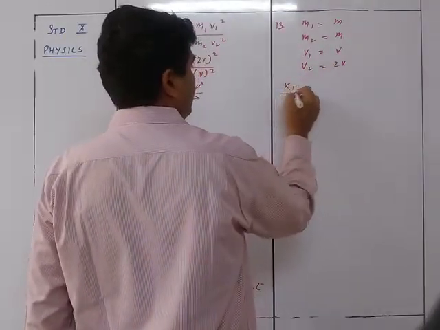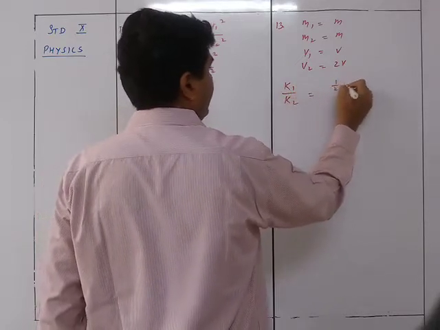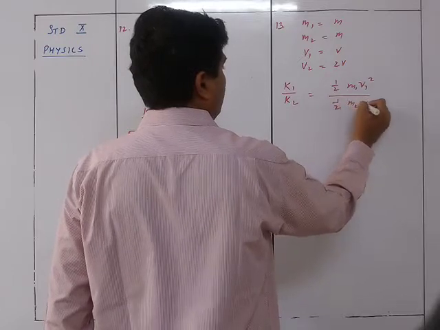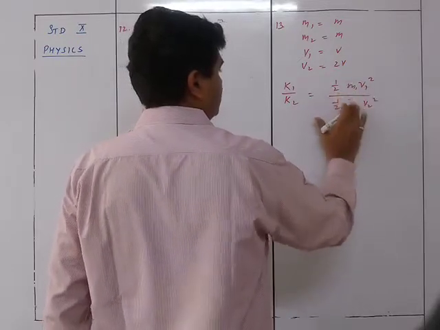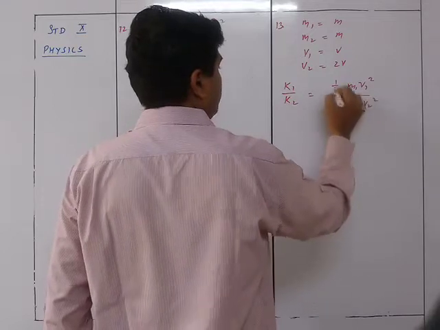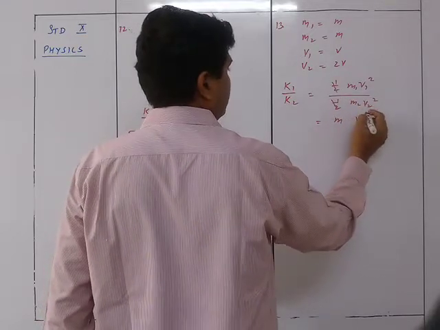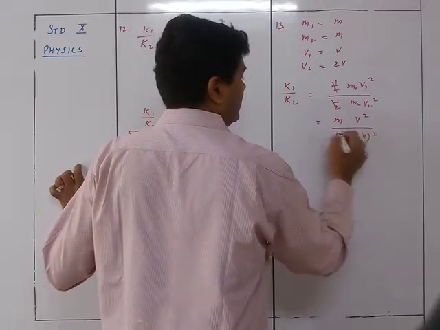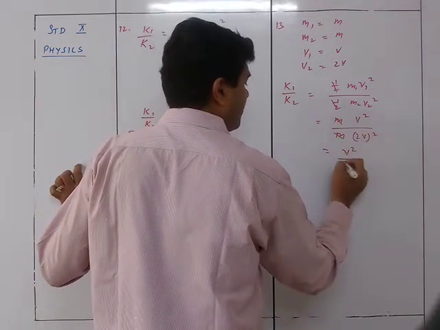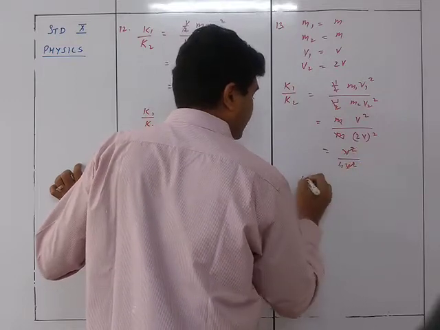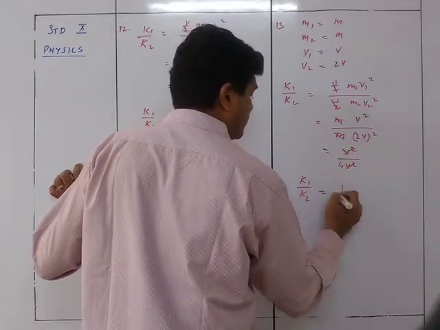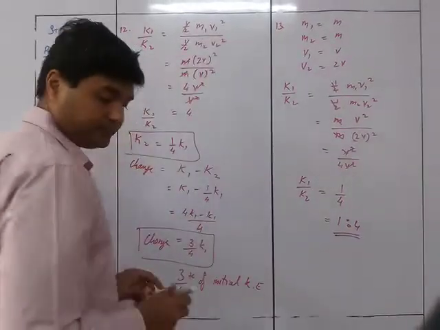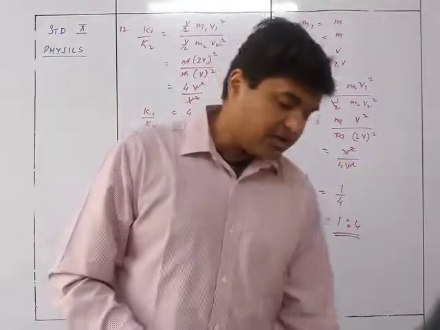So k1 upon k2 is equal to half m1 v1 the whole square upon half m2 v2 the whole square. That gives me m into v square upon m into 2v the whole square. So m cancels, v square upon 4v square. So k1 upon k2 is equal to 1/4, that is 1:4. That's the ratio. So that was sum number 13.